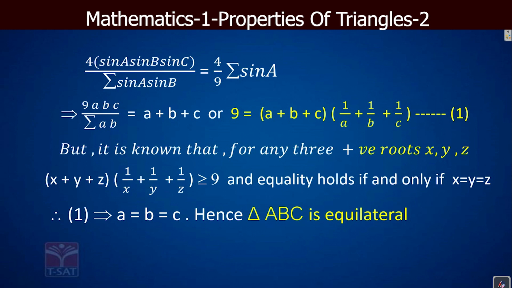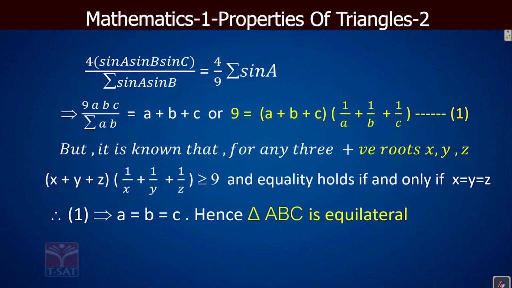Here there are 3 numbers, so (x plus y plus z) into (1 by x plus 1 by y plus 1 by z) is always greater than or equal to 3 square, which is 9. Equality holds if and only if x is equal to y is equal to z. That means a is equal to b is equal to c. So it shows that triangle ABC is equilateral.